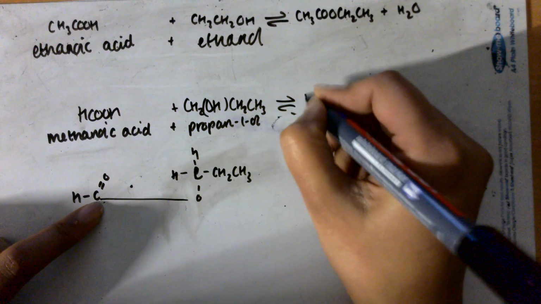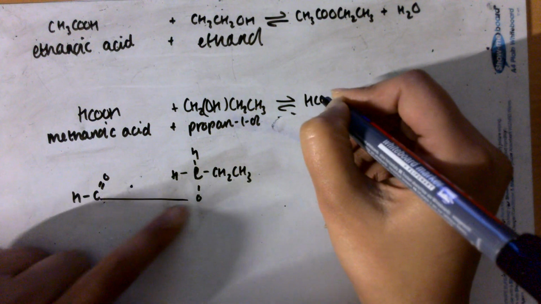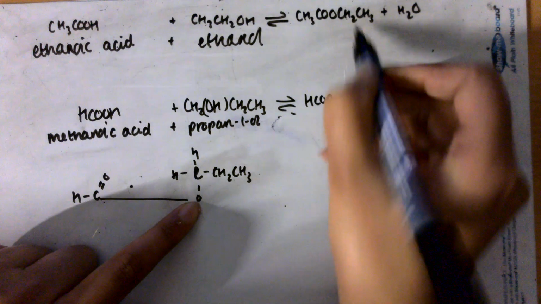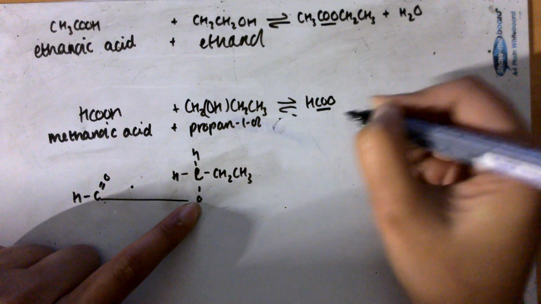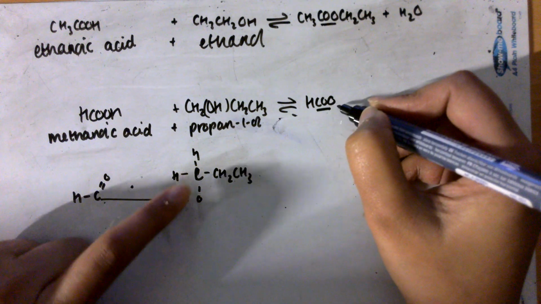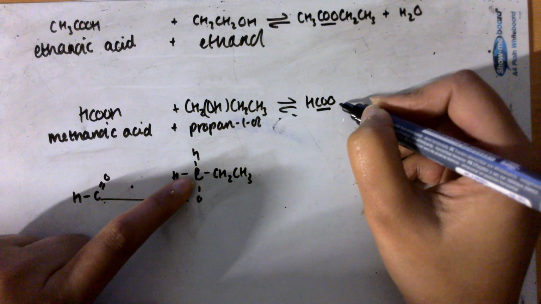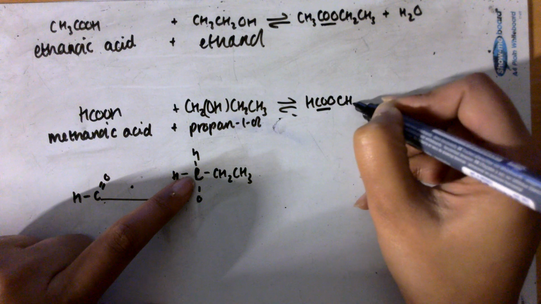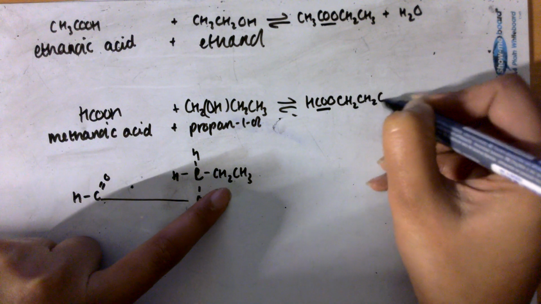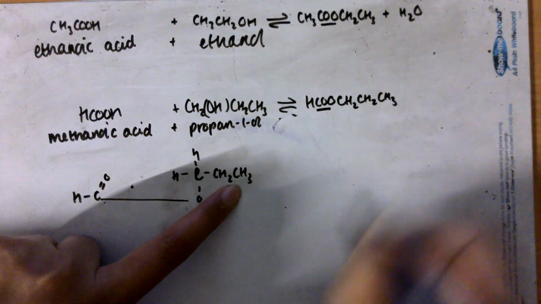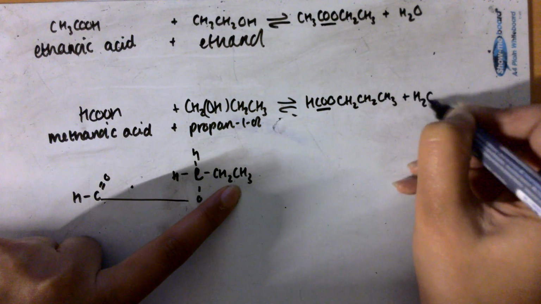So I've got an HCOO. Remember, this is the key part that indicates I have an ester. So I've got an HCOO, then I have a CH2, and I have a CH2, and then I have a CH3 plus a small molecule of water.